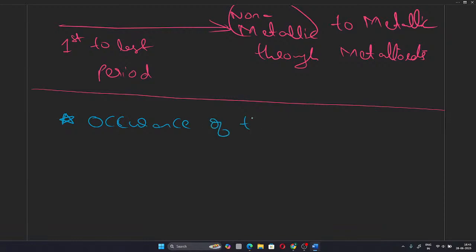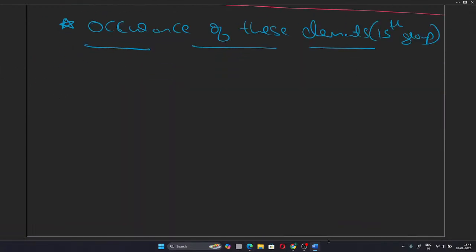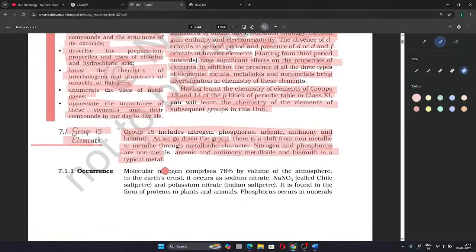Of these elements of the 15th group, let's see. Occurrence: molecular nitrogen comprises 78% by volume of the atmosphere.